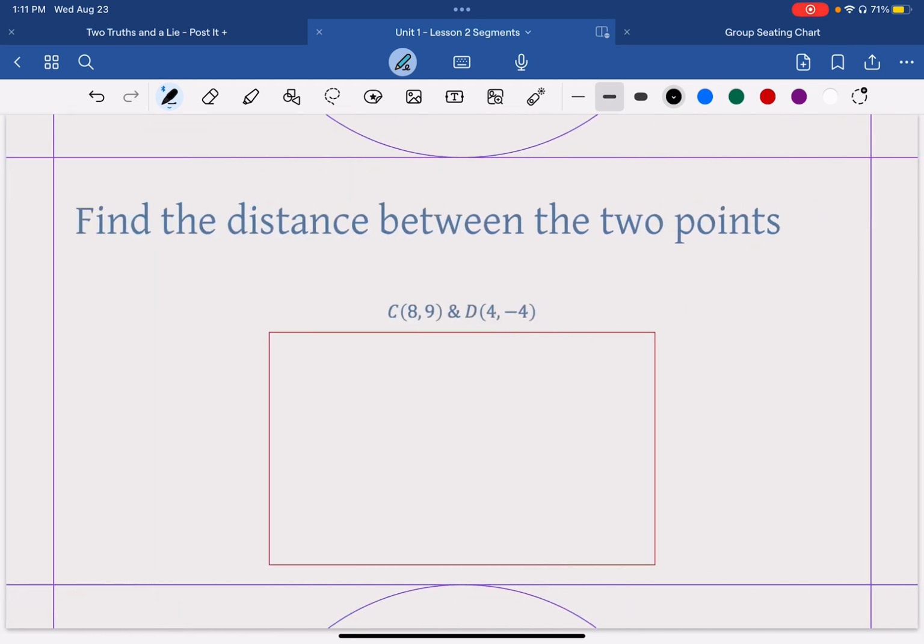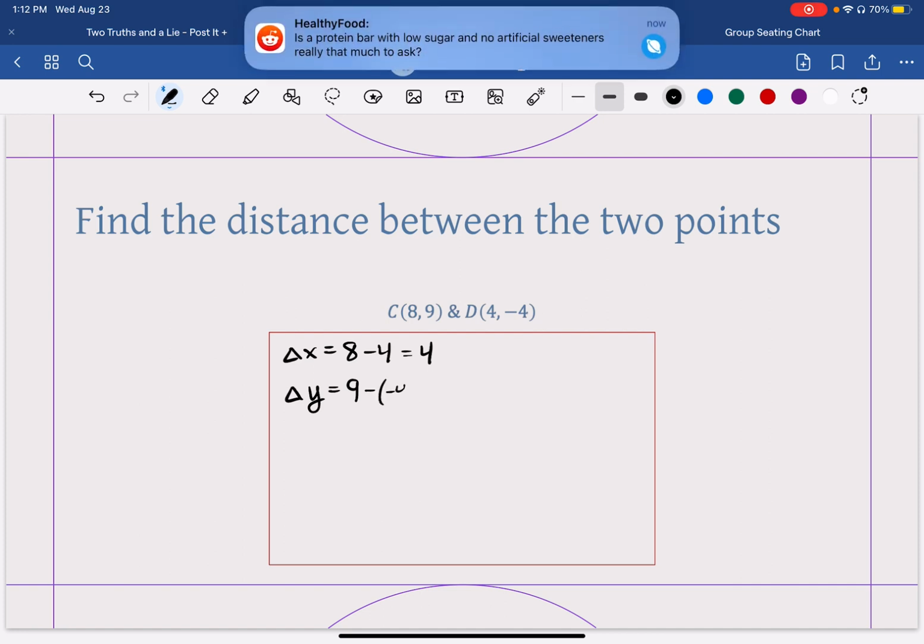So if we were to find the distance between these 2 points without graphing it, it's pretty simple. All right, let's look at this. We're going to find our change in x, which is going to be 8 minus 4, which we get as 4. We get the change in y, which equals 9 minus negative 4, which we end up with 13.